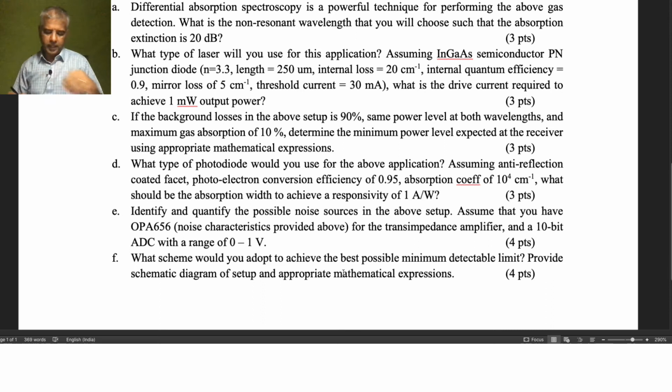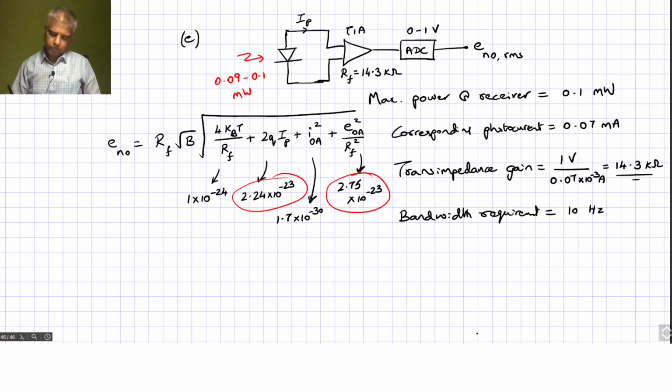Provide a schematic diagram of setup and appropriate mathematical expressions. Okay, so let's actually try to do that. While we are at this, let's also try to figure out what is the total noise power that we have in this case.